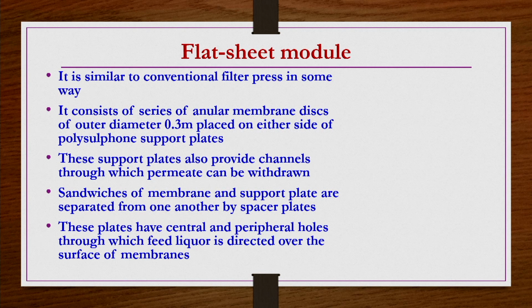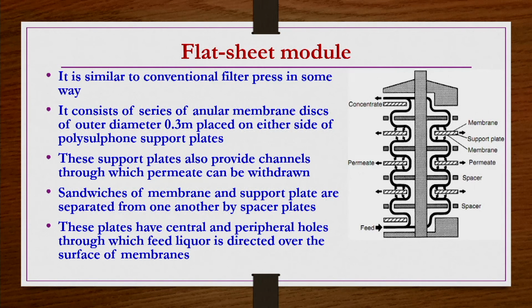So, pictorially, you have a support plate like this, a polysulfone support as mentioned here. On either side of this support we have a membrane casting. The feed solution that is coming in passes through here, and the permeate is collected like this.